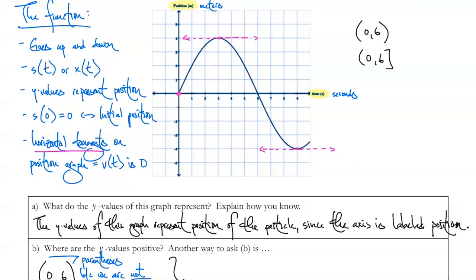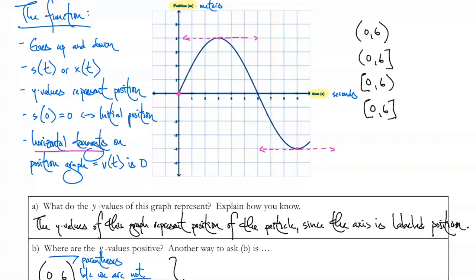If I want to include 0, but not 6, I'll do bracket 0, 6, parentheses. And if I want to include both of them, bracket 0, 6, bracket. Okay, so the bracket means we're including it, but the parentheses means we're not.